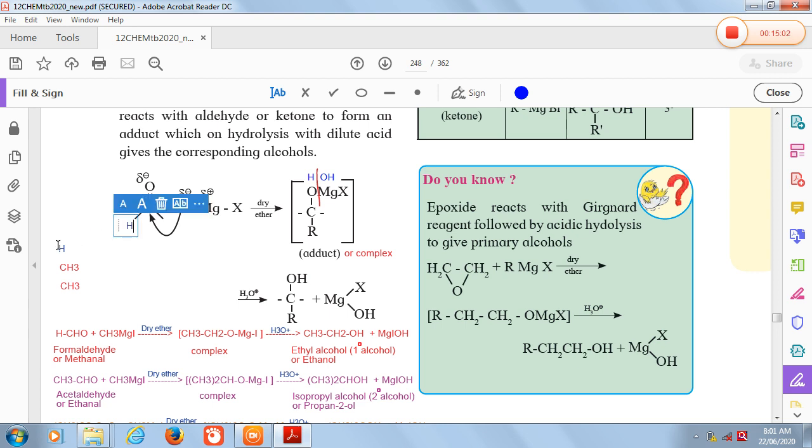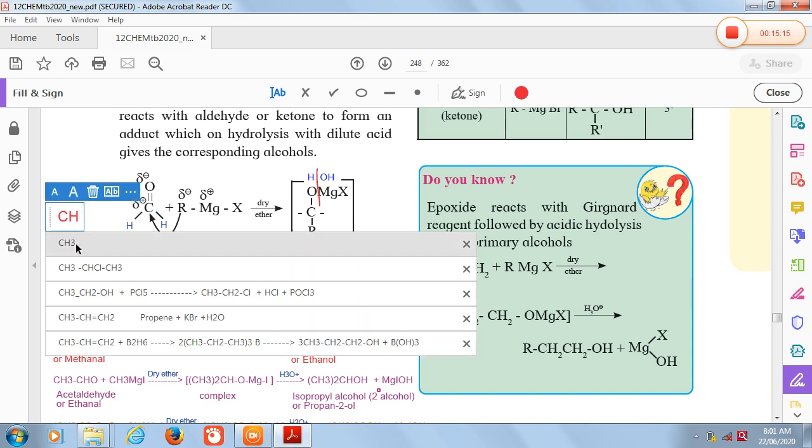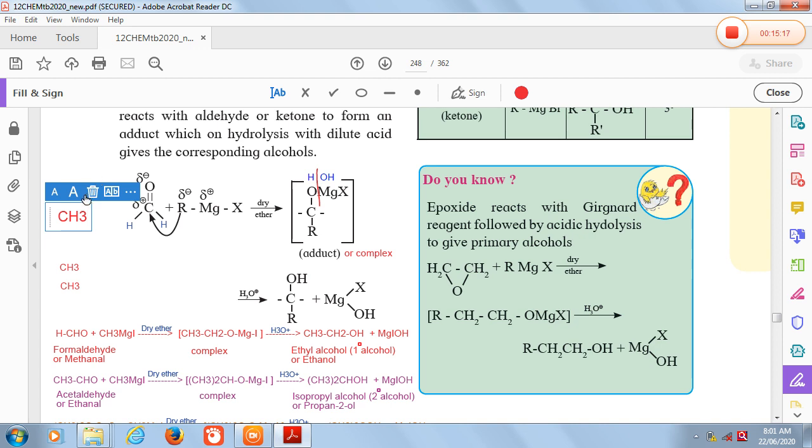So if we take two hydrogens, your compound is HC=O, and your alkyl group is CH3 as the alkyl group from the Grignard reagent.